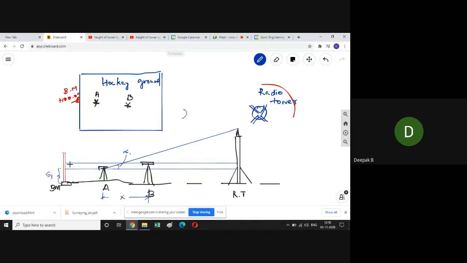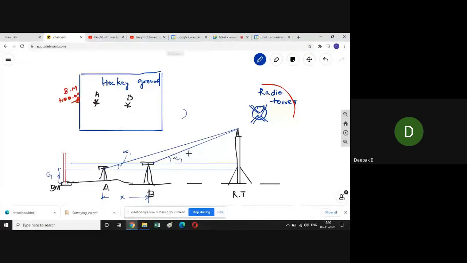Then again after that you shift the instrument to B. Again you are going to sight the top of the vertical tower, and you are going to make a reading, that is the vertical reading.